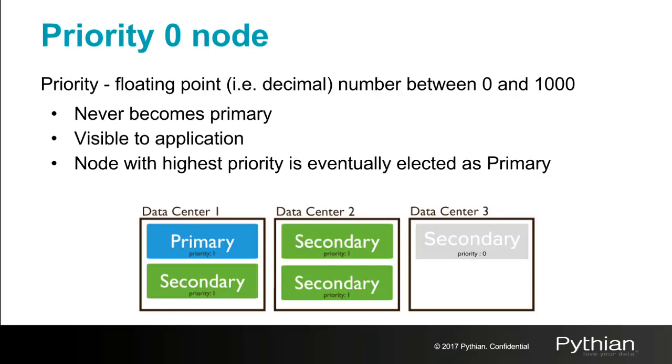This is useful with the same example as the arbiter node. We can have 3 data centers, but in one data center we don't want any node ever to become a primary, and we do that by specifying the priority to 0.